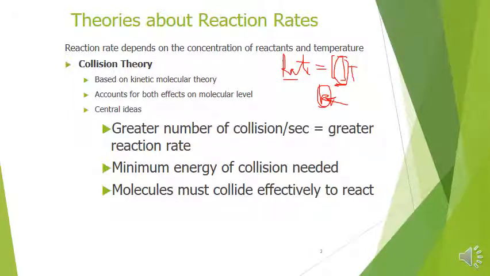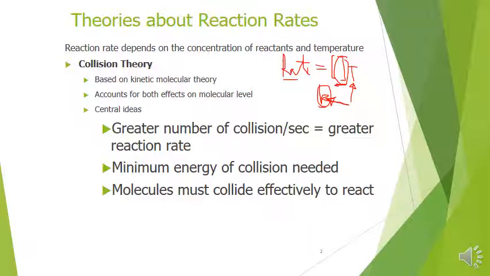What we want to do is look at K and temperature now, and see their effect on rate. So reaction rate depends on the concentration of reactants and temperature. Collision theory is based on kinetic molecular theory. That just means the particles can crash into each other.